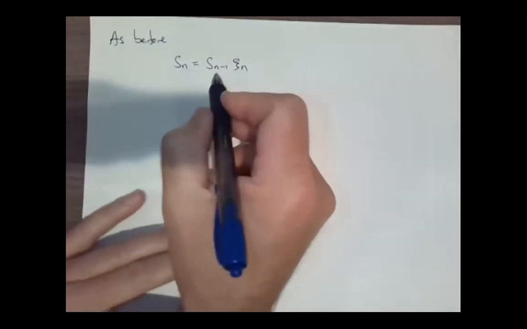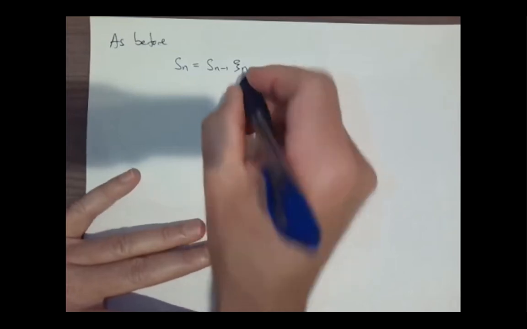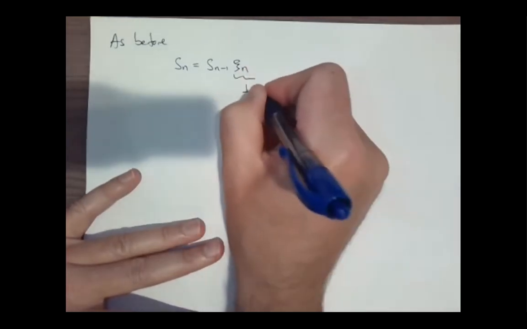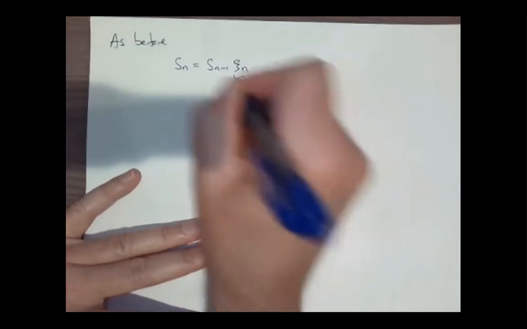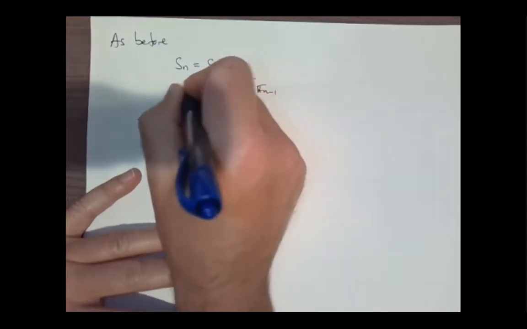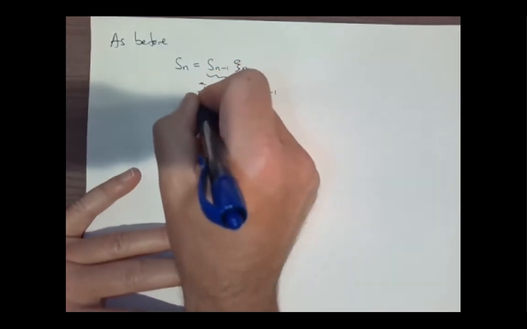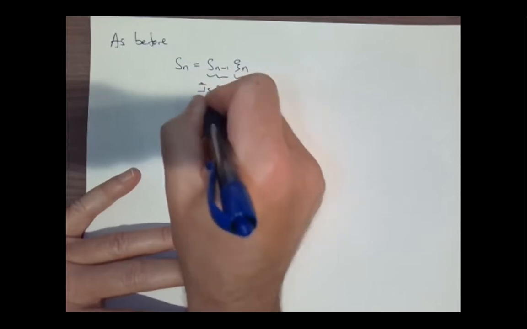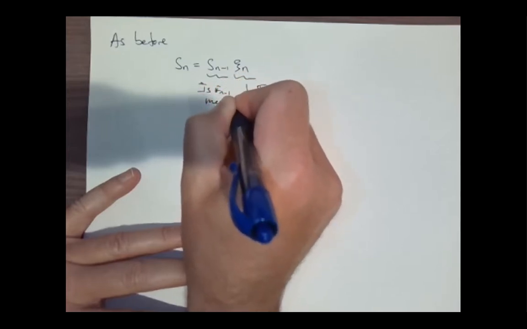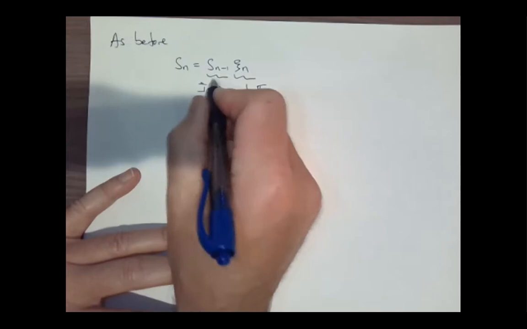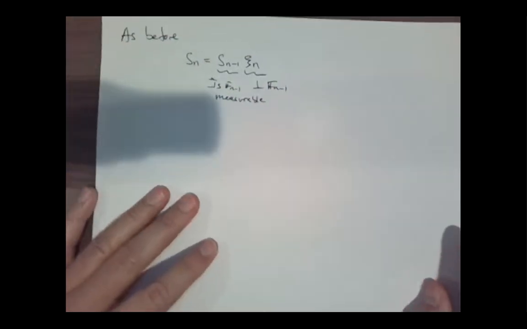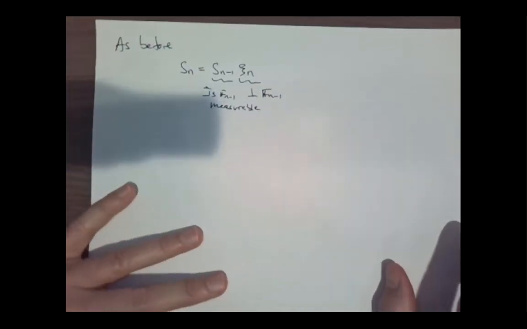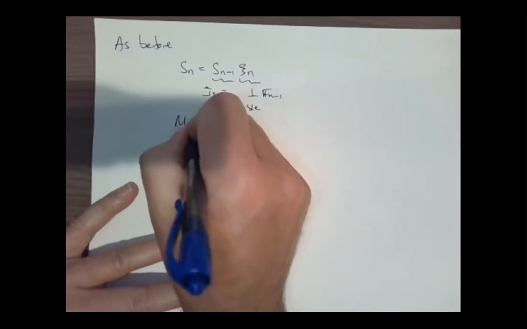And we're going to use that this one here is independent of Fn minus 1, and that this thing here is Fn minus 1 measurable. These are the two properties that we've been using over and over, but now we also have this Mn.